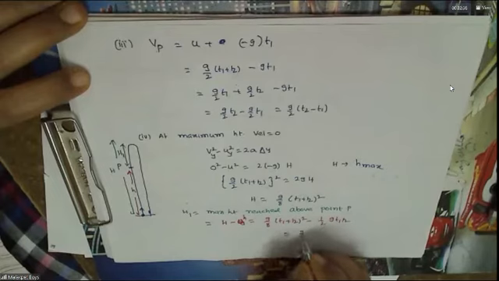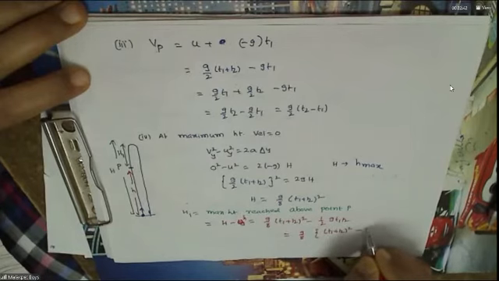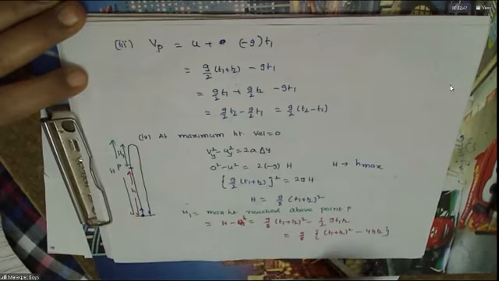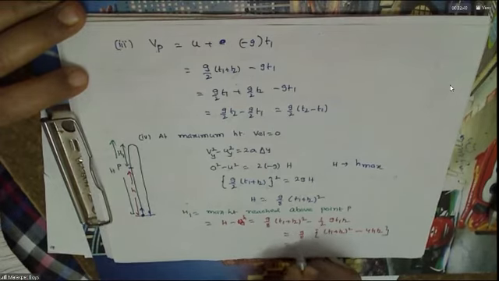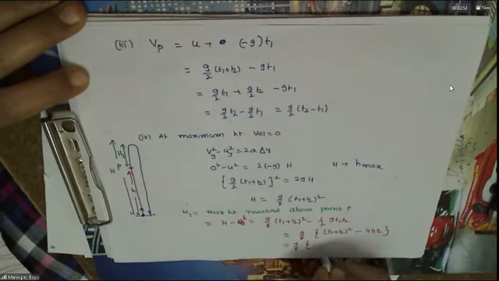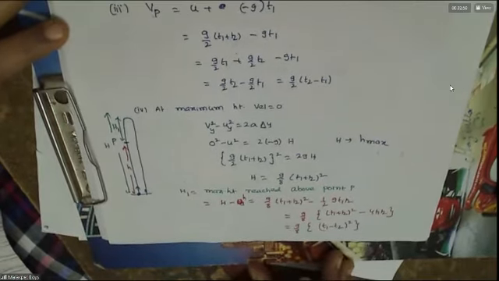This is g by 8 times (T1 plus T2) whole square minus 4 T1 T2. You take common. Am I right or not? Hope you know this much mathematics. (A plus B) whole square minus 4AB is how much? It is (A minus B) whole square. Followed this or not?